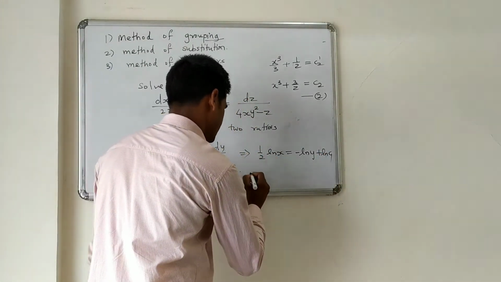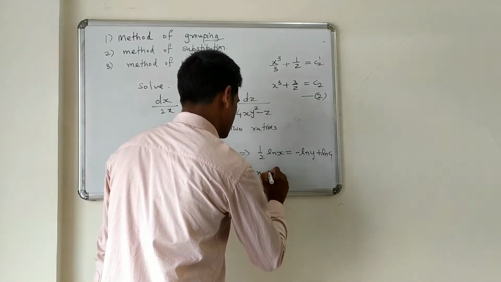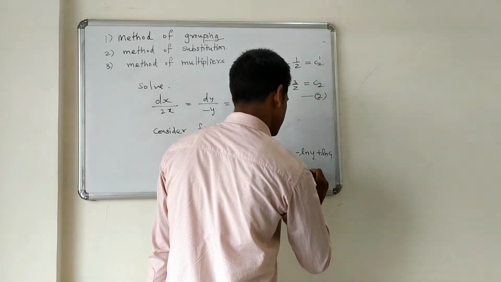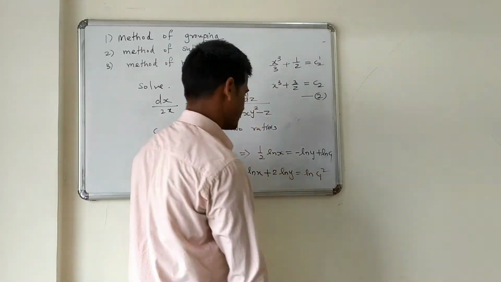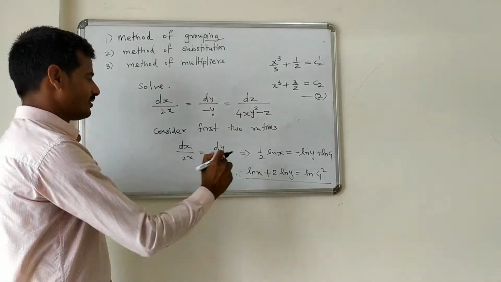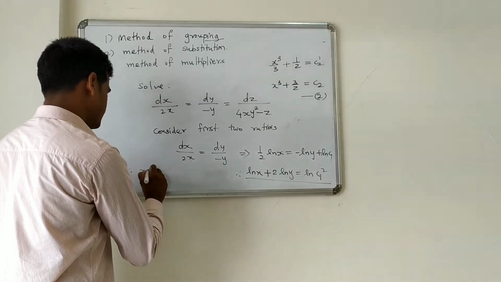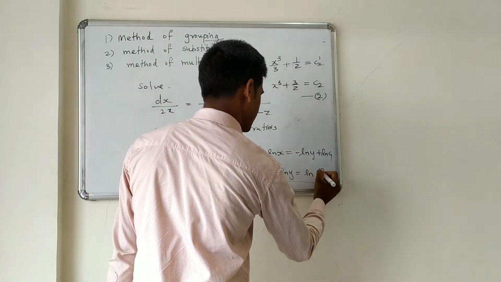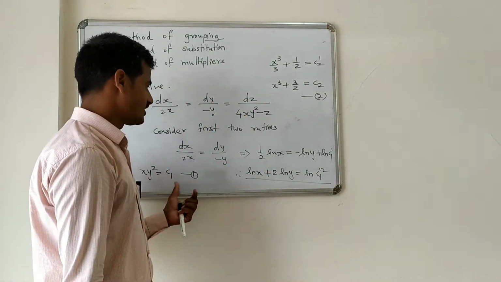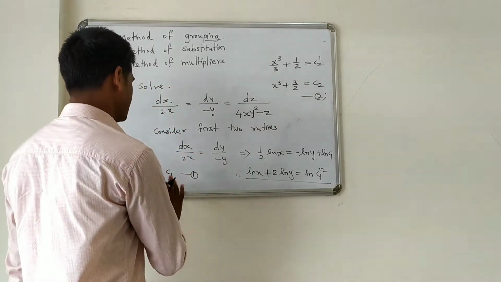Multiplying by 2, ln x plus 2 ln y is equal to 2 times ln c, so ln c1 square. Now log a plus log b is equal to log ab. So after simplifying you will get xy square is equal to, let us call this c1 dash. So xy square is equal to c1, where c1 is equal to c1 dash square. So this is one relation.